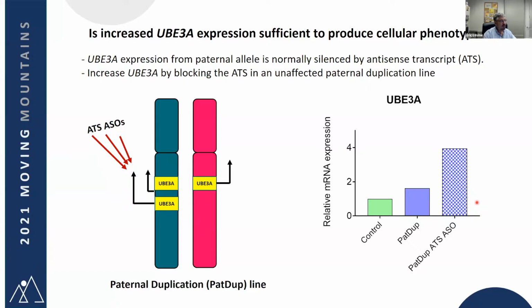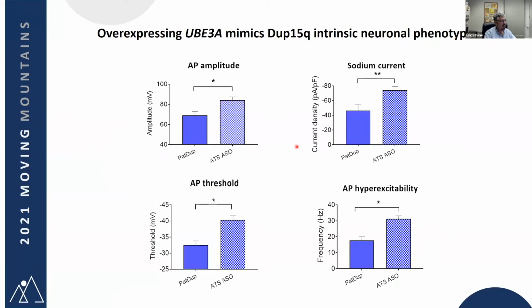So now when we go back and look at those same phenotypes, I'm going to show you all 4 of these together. In all 4 cases, increasing UBE3A was able to mimic those intrinsic neuronal phenotypes. So the increase in amplitude, sodium current, the hyperpolarized threshold, and the increase in excitability were all produced to some extent by unmasking UBE3A expression in these path Dup neurons.